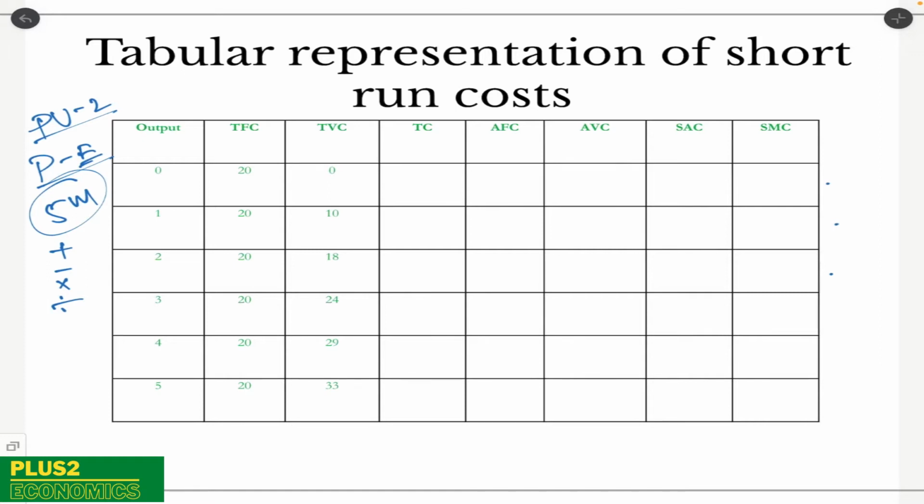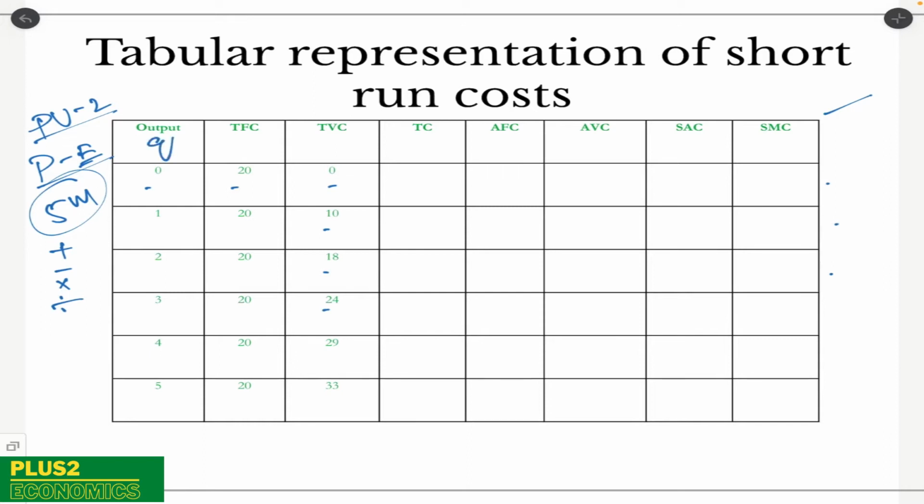Now before we start filling up the table, there are certain things to be done. When this question is asked, first make sure that the table is written down as it is without any mistakes. That's the primary thing that we have to keep in mind, because if you make mistakes while copying down the data, then everything will go wrong. So please make sure that you copy the table as it is with the right numbers.